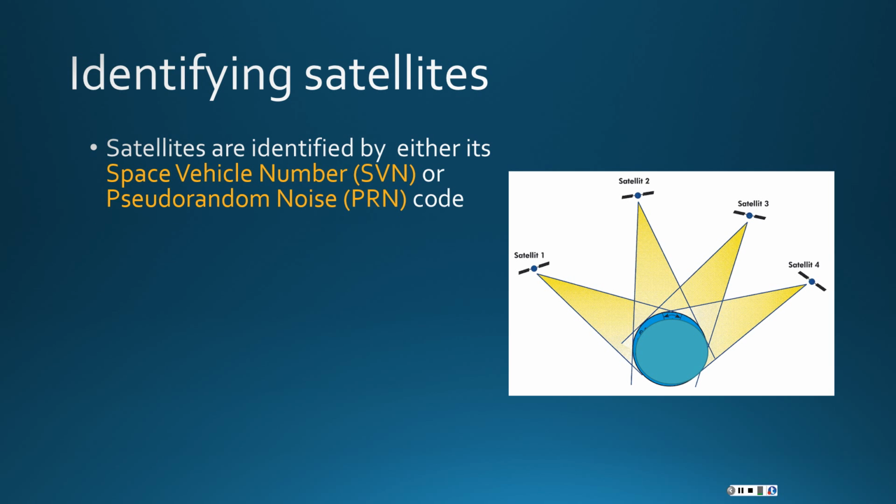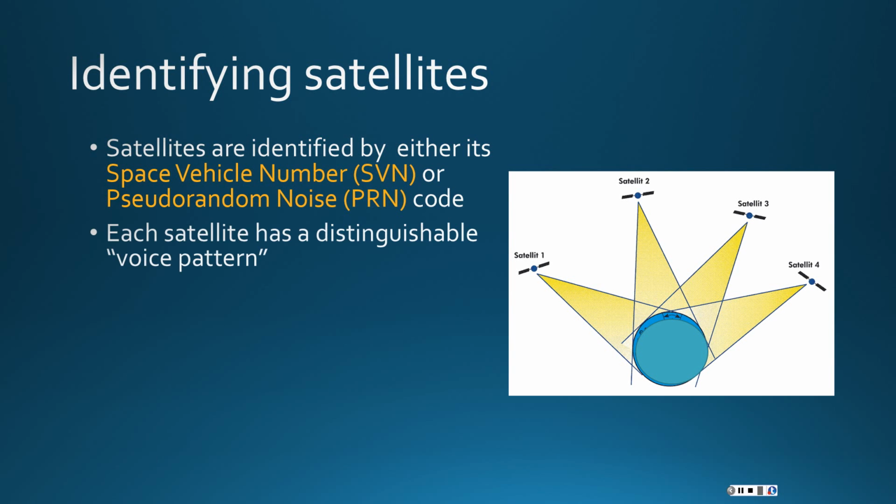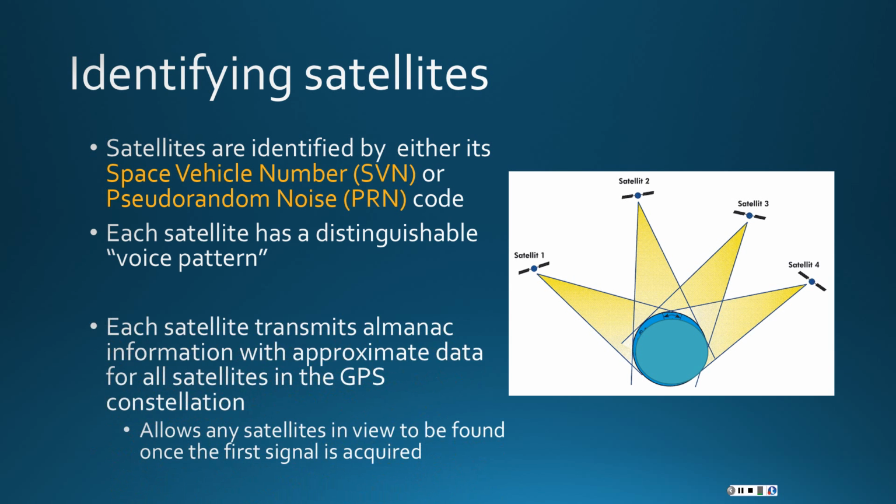Each satellite has a different PRN code in its signal, making it so that each satellite can be thought of as having its own distinguishable voice pattern. Also, each satellite transmits information with approximate data for all satellites in the GPS constellation. This allows a GPS receiver to find any and all satellites that are in view once the first signal has been acquired.